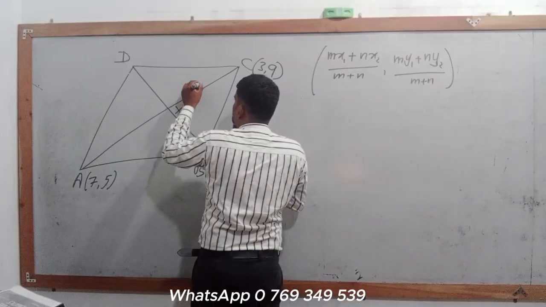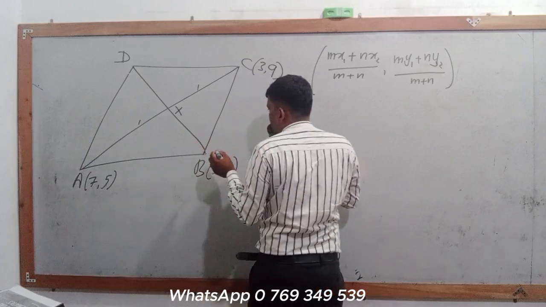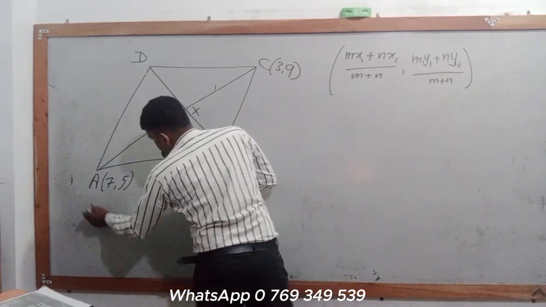And here ratio 1 to 1. Here 1, here 1, 1 to 1. Now we can take that directly.